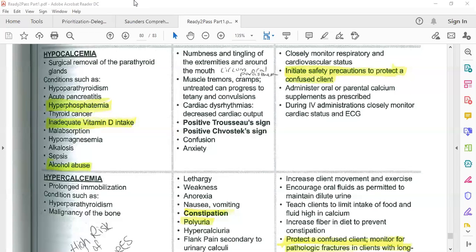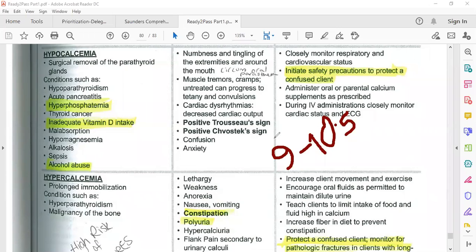First of all, let me go over the normal range of calcium. The normal range of calcium is, for example, 9, or some books say 8.5 to 10.5. This is the normal range.